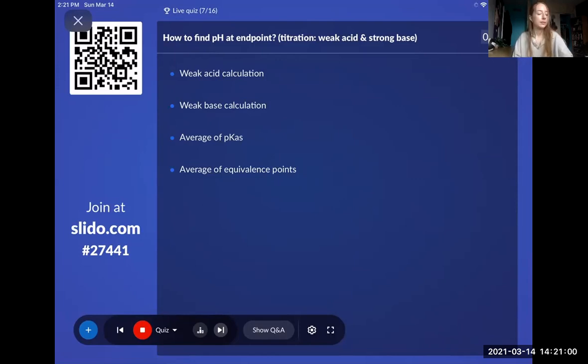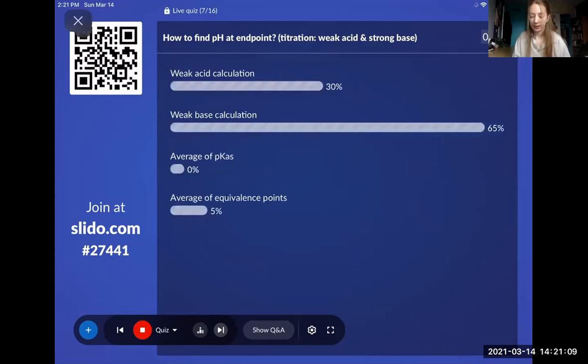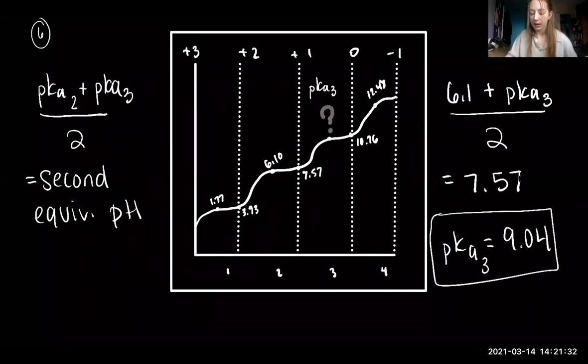Okay, one more second. Okay. Yeah, so it's going to be a weak base calculation, right? Because theoretically at the very end, we shouldn't have any weak acid left. We shouldn't have a strong base left. We shouldn't have anything but the conjugate of what we started with, which was a weak acid. And we're going to get the conjugate base. That's the only thing that should be left at the very end.